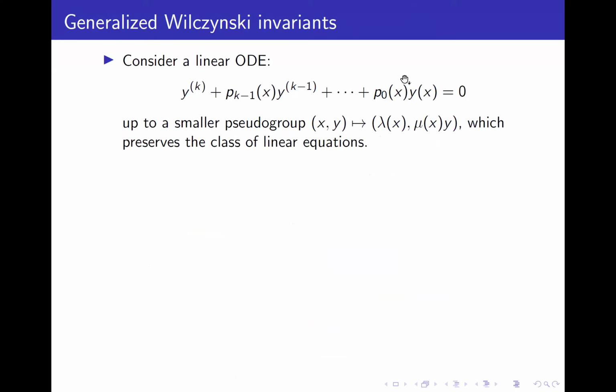So in short, if you look at just a scalar linear ODE of order k, and we look at a smaller transformation pseudogroup, where the independent variable x is preserved, but y is just multiplied by a function mu of x. Actually, this is the most general class of transformations that preserves linear equations.